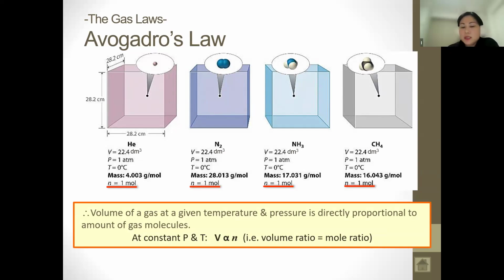The greater the number of moles, the greater the volume. So under constant P and T, volume is directly proportional to moles. If I have 5 moles of gas, I will expect the volume to be proportionally bigger compared to 1 mole of gas. So it's not dependent on the identity of the gas at all. It's just dependent on the temperature and pressure condition.